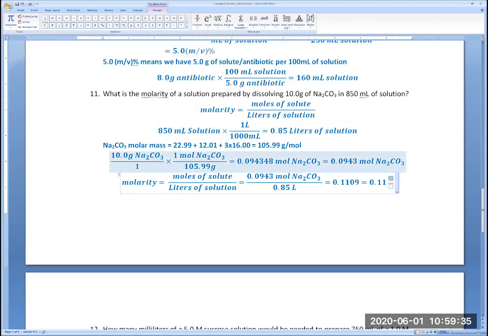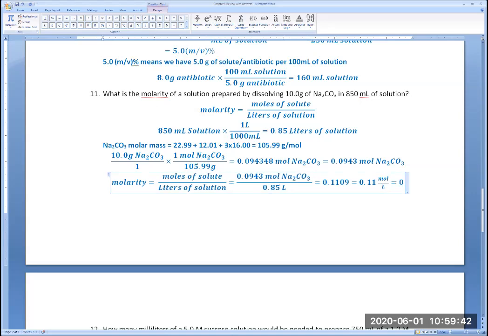This is moles per liter, right? It's also written as 0.11 capital M. Capital M is the symbol for moles per liter. It gives the concentration in molarity. But molarity here, the capital M, you should see it as moles per liter.